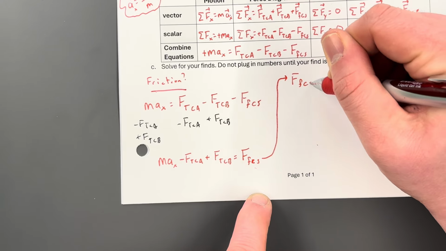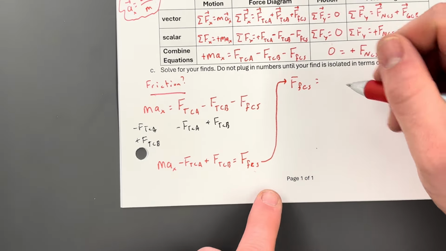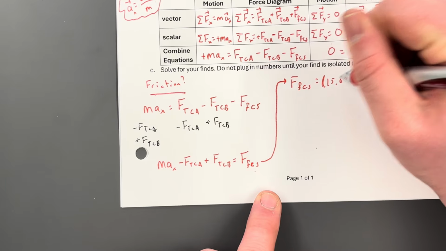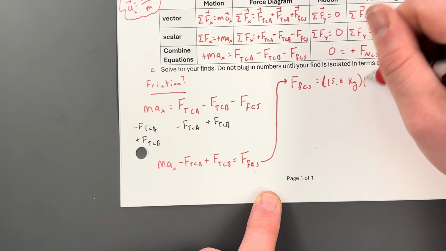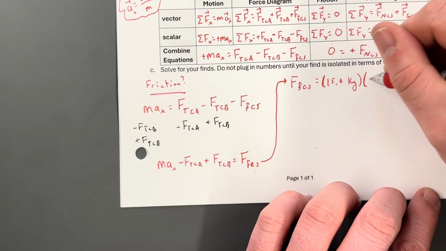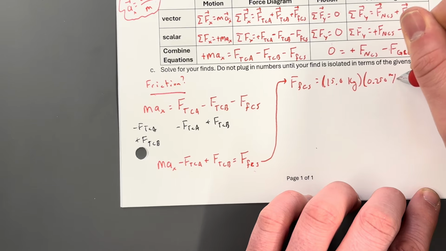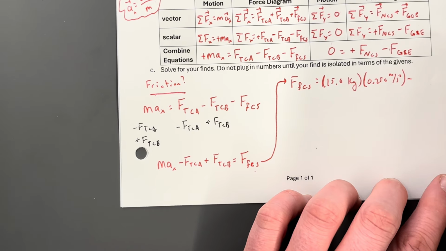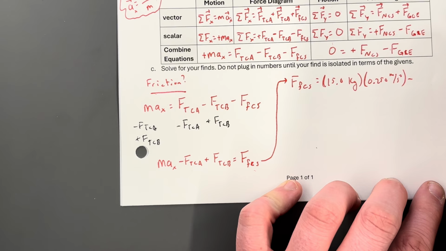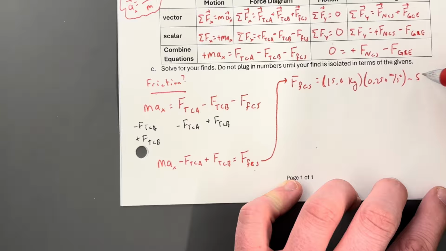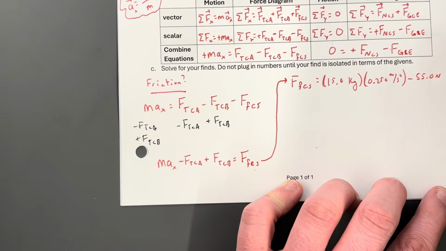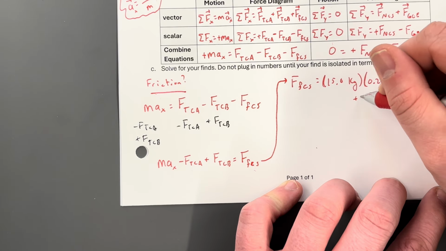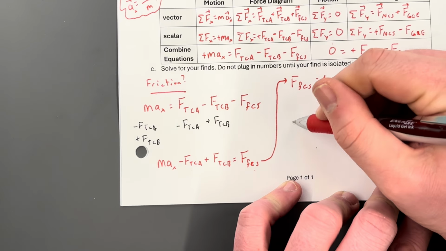The friction force is equal to M was 15.0 kilograms, A is 0.250 meters per second squared. The tension force, its magnitude is all we care about now. The strength from Alice was, what was it? It was 55.0 newtons. And the tension force from Bob was 20.0 newtons.